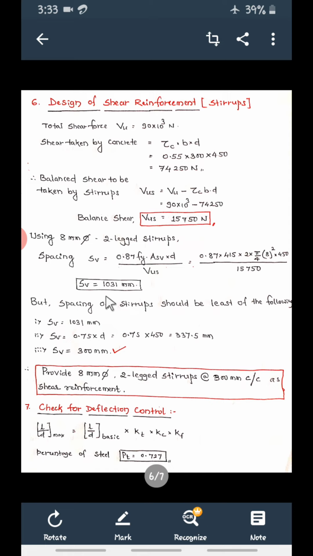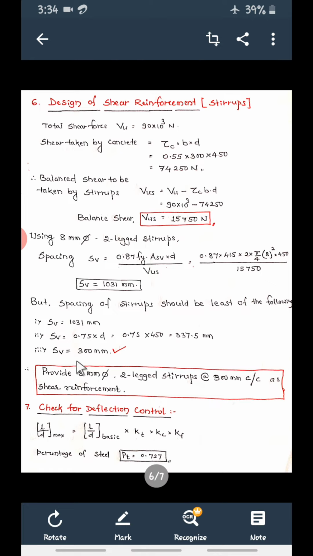But we cannot provide this spacing of stirrups. What does the code say? Spacing of stirrups should be least of the following. So one is this spacing 1031. Second is spacing equal to 0.75 into effective depth, that is 0.75 into 450, 337.5 mm.